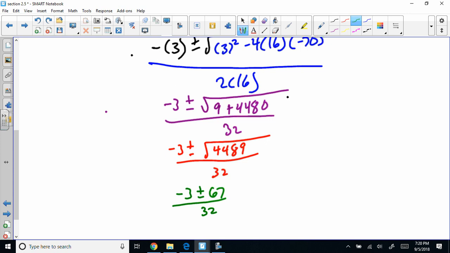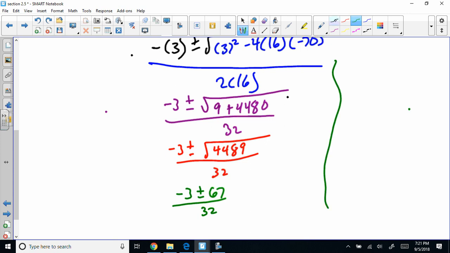If the number underneath the radical is a perfect square, then it tells you that the quadratic was factorable. That's guaranteed.